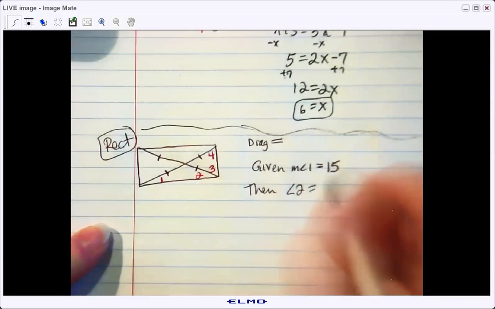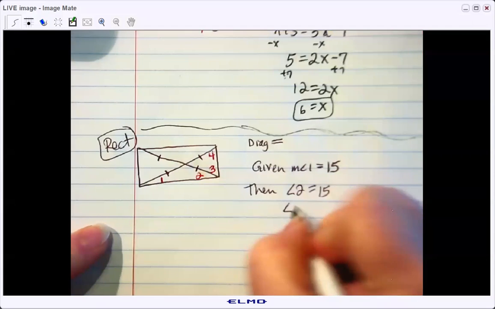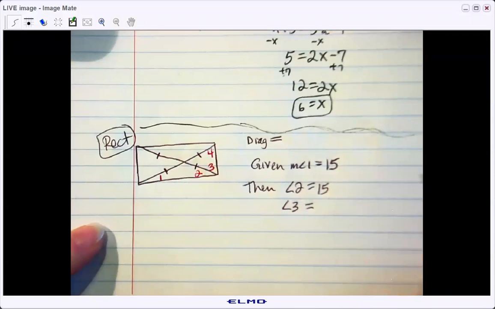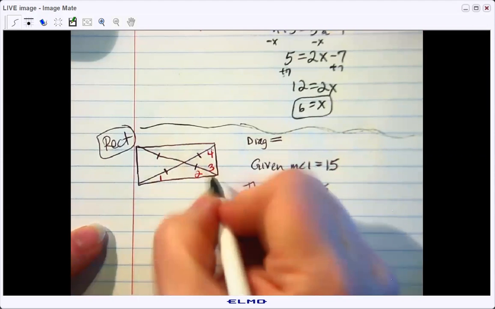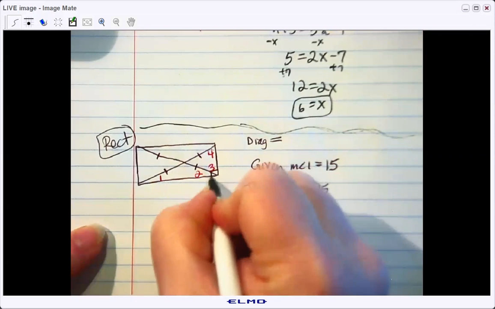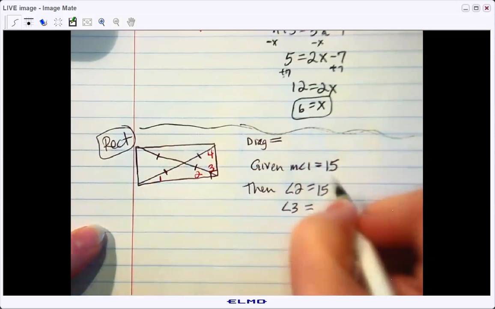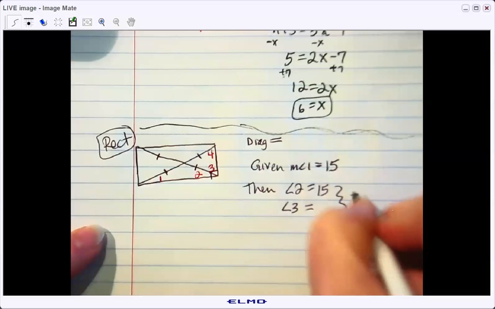15. Does anybody remember how to find angle 3? Don't you minus it by a 90? Yep, good. Because the angles of a rectangle all equal 90. So these two together have to equal 90.